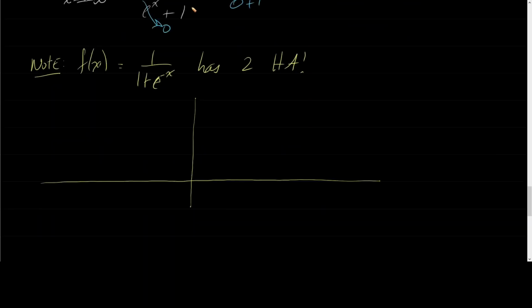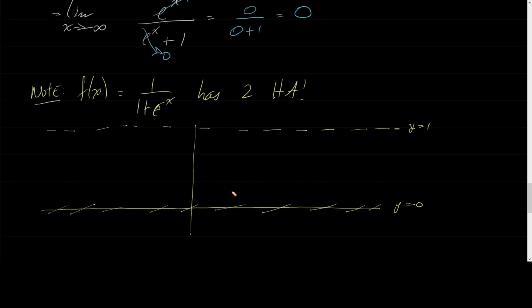So we're going to have this horizontal asymptote there at y equals 1, and this other horizontal asymptote over here at y equals 0. And we were going to 0 as we were going to negative infinity, so we're going to reach down here, and then we were going to 1 as we were going to positive infinity, and this ends up looking something like this. All right. It looks very, very similar to an arctan function, all right?